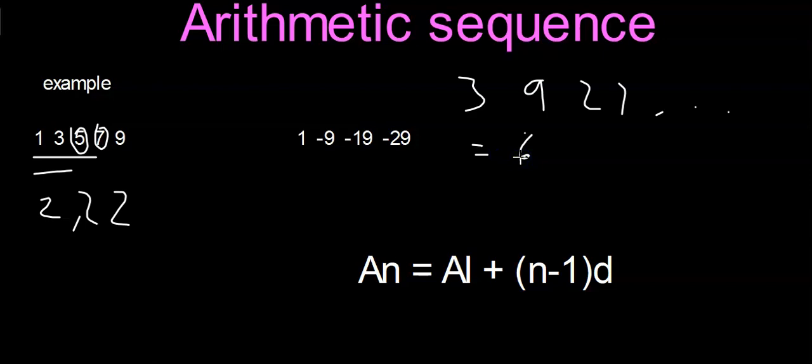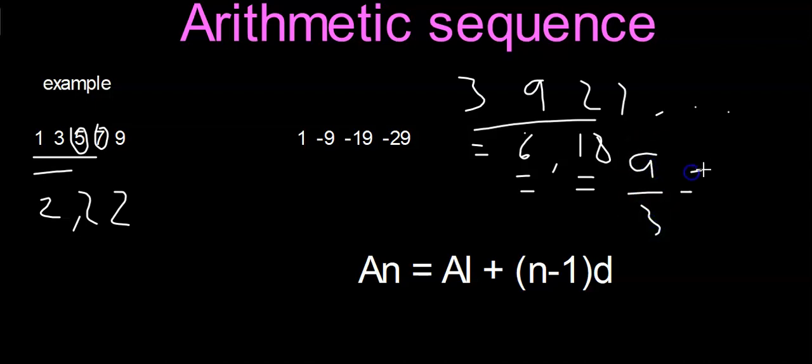When you subtract 9 from 27, you get 18. As you can see, this does not match, so this is not an arithmetic sequence, but it is a geometric sequence. The reason is that when you divide 9 by 3, you get 3, and when you divide 27 by 9, you still get 3.